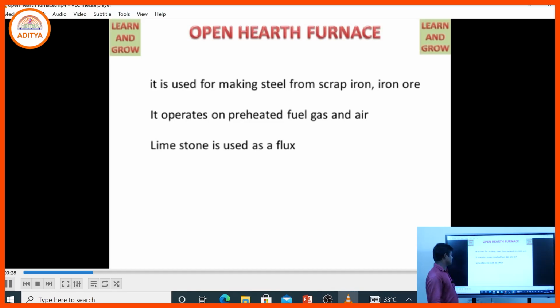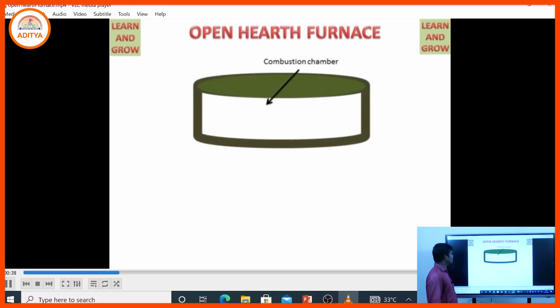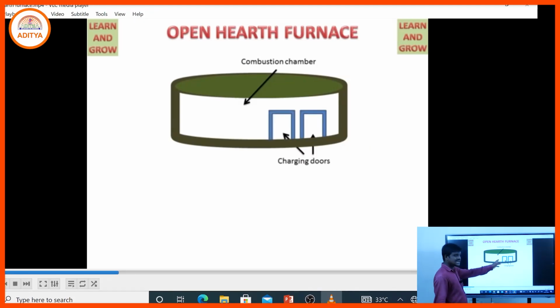Limestone is used as a flux, and it is also used to remove oxides from the molten metal. That is the combustion chamber, the main combustion. Those are the charging doors through which we feed the metal scrap into the combustion chamber.